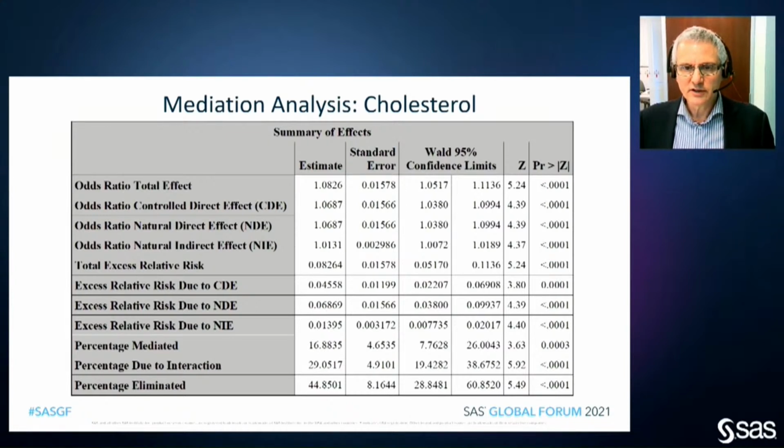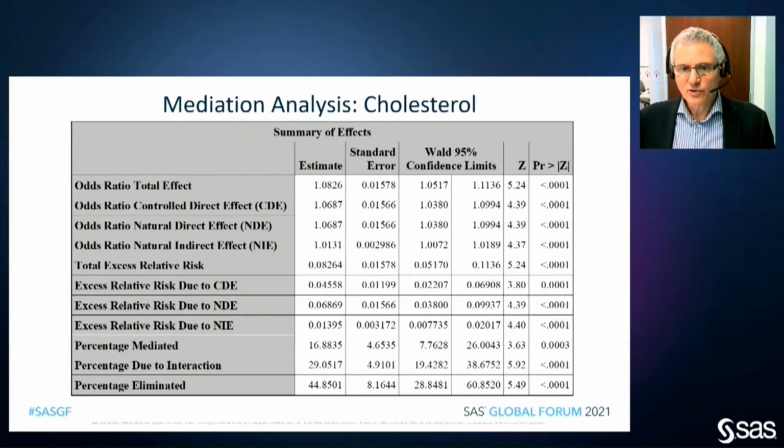A 10-unit increase in cholesterol directly causes an increase of 6.87% in the risk of coronary heart disease within 5 years. It indirectly causes an additional increase of 1.39% via blood pressure status. So the total effect is 8.26% increase in the risk of CHD within 5 years.